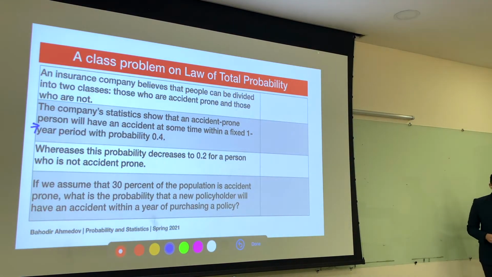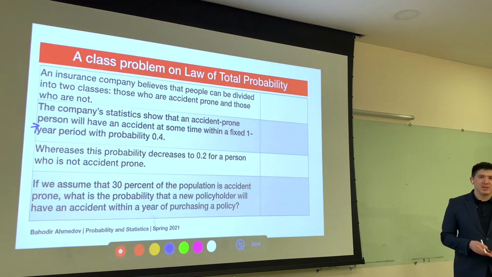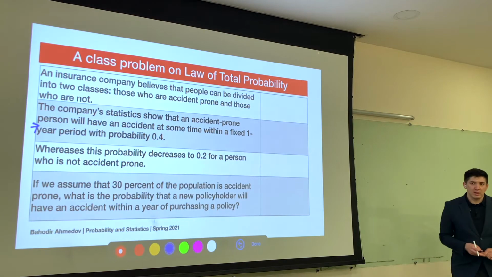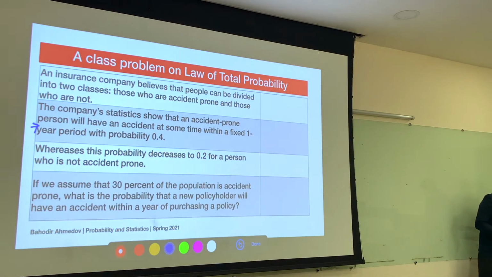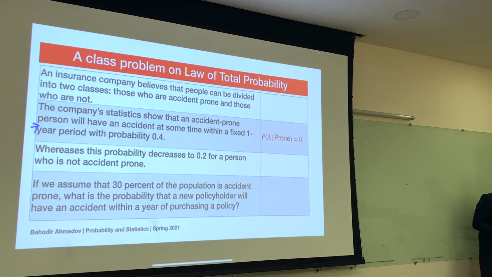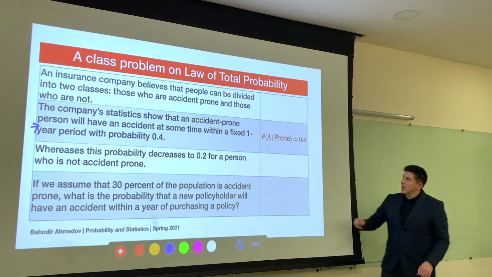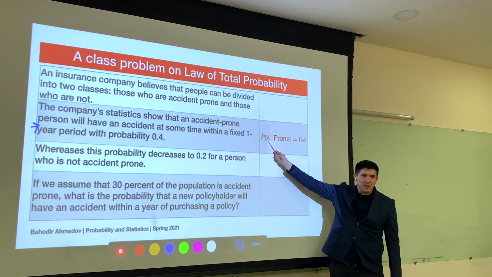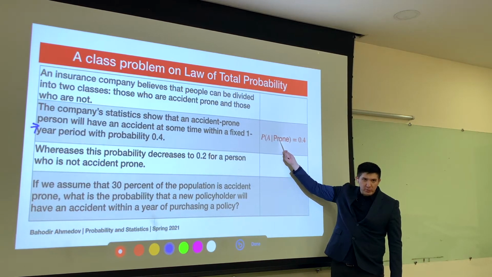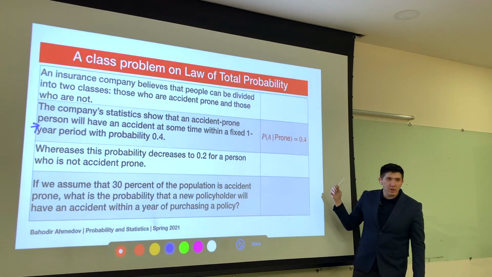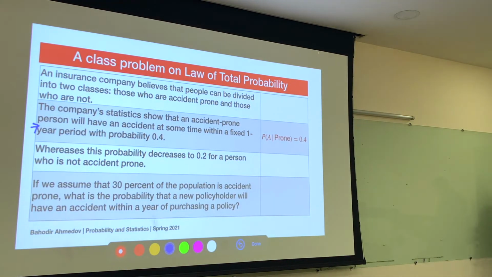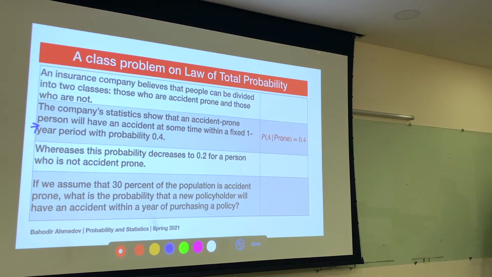The probability that an accident-prone person is going to have an accident is 40%. How can we write this down? Okay, I'm just going to show you the first one, and you're going to help me with the second one. The probability that a person is going to have an accident, if he is accident-prone, is 0.4. Can you help me with how we can do this for the third row?